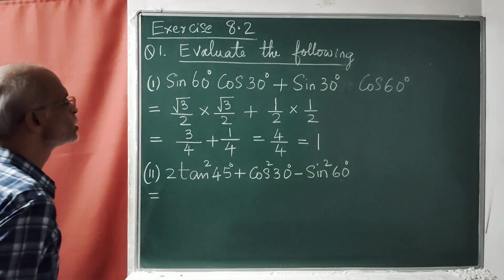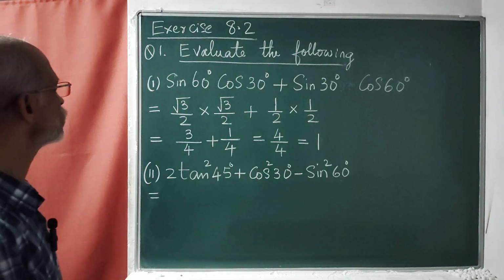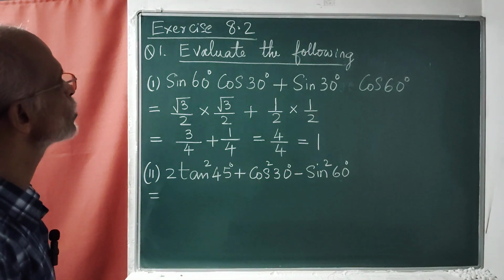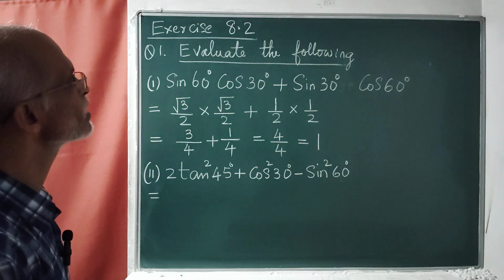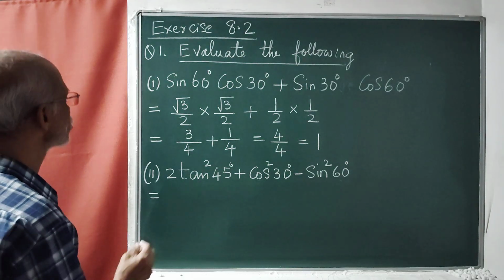So to find the value of 2 tan square 45 degrees plus cos square 30 degrees minus sin square 60 degrees, we will put the values now.